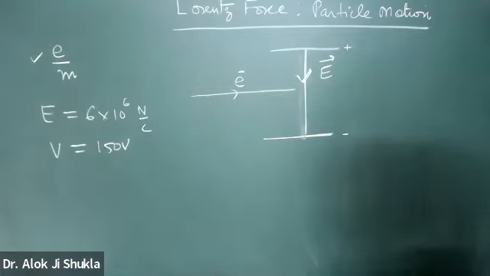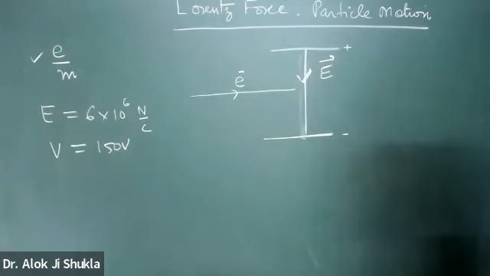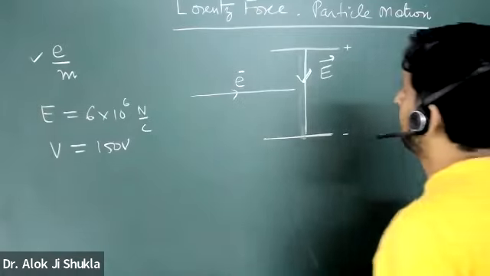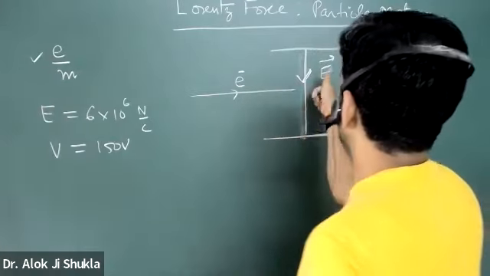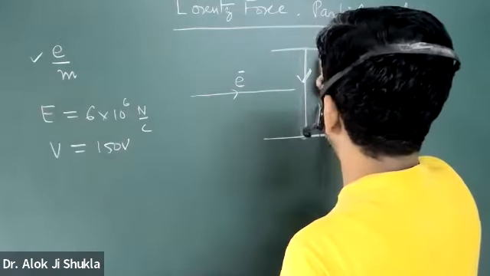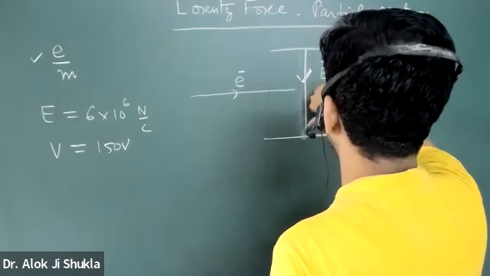Now, if you want it to be undeflected, there has to be a magnetic field which will apply a force just opposite, correct? So suppose I apply a magnetic field. This is velocity. So V cross B is in upward direction, but because it is electron, it will be in downward direction.